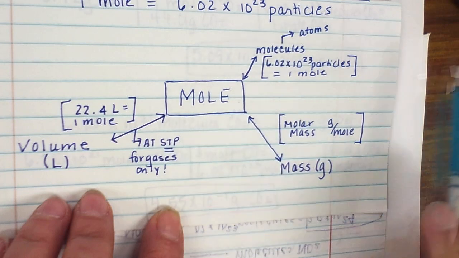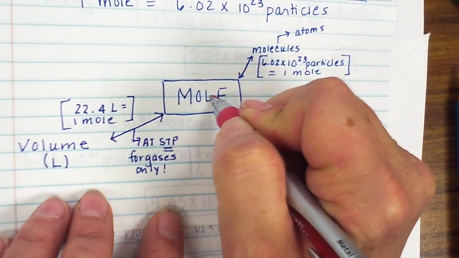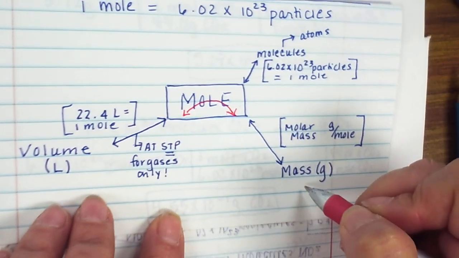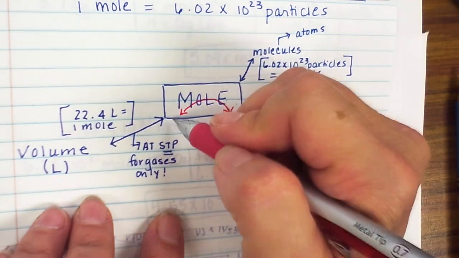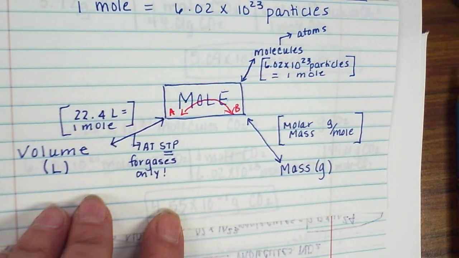I have to first go from moles of one substance to moles of another substance, and then I can go to grams. But where you switch from substance A to substance B is in moles.